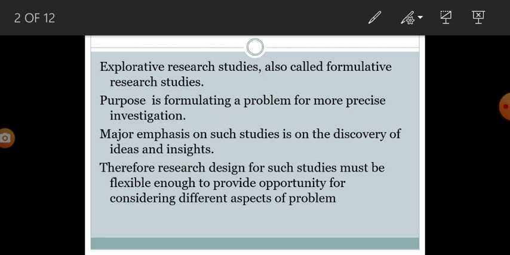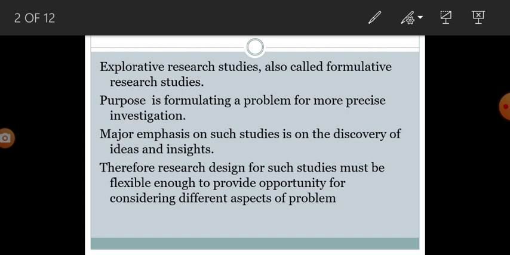We know that explorative research studies is also called formulative research studies, and the purpose is formulating a problem for more precise investigation. Major emphasis on such study is on the discovery of ideas and insights.